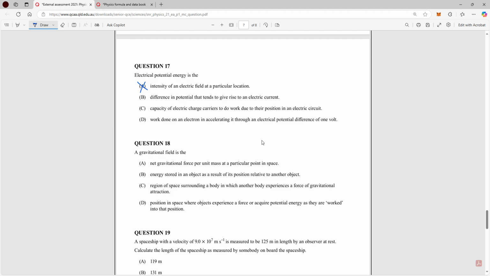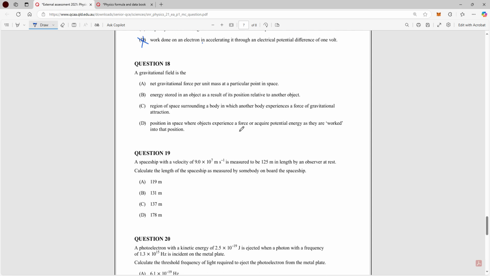That doesn't tell us what it is, it just tells us what it does. Work done in accelerating a charge through a potential of 1 volt, that's just telling us what it does. So the best description is this: the capacity of electric charge carriers to do work due to their position in an electric circuit. So it tells us what it actually is, okay? This is just saying other stuff, okay?